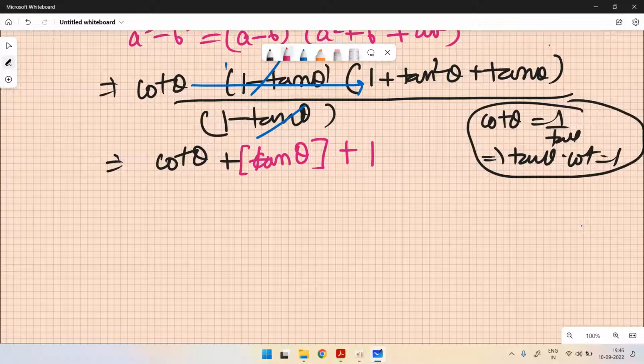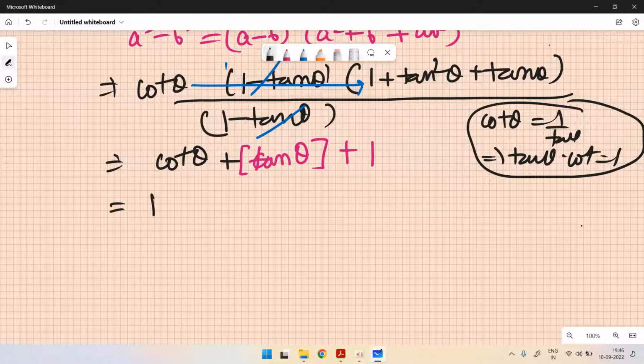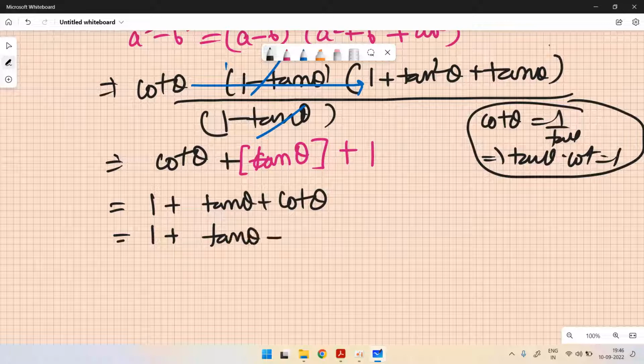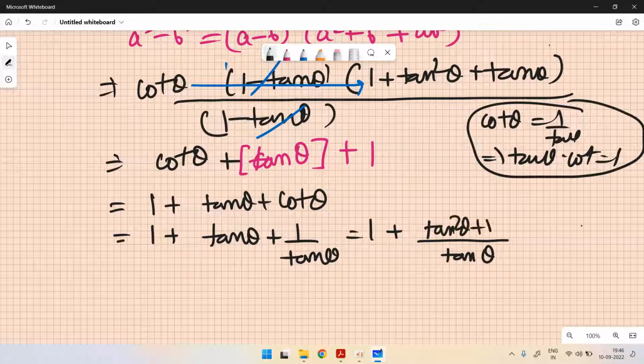Now you can write this as 1 plus tan theta plus cot theta, and you know that cot theta is 1 by tan theta, so it is 1 plus, taking tan theta as the LCM for these two terms, tan square theta plus 1 over tan theta.